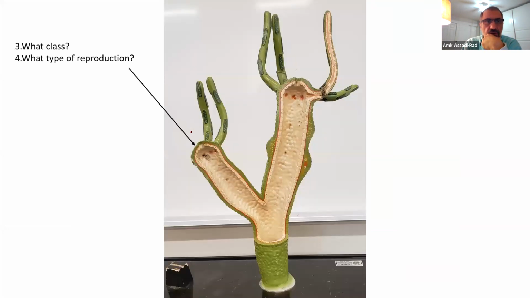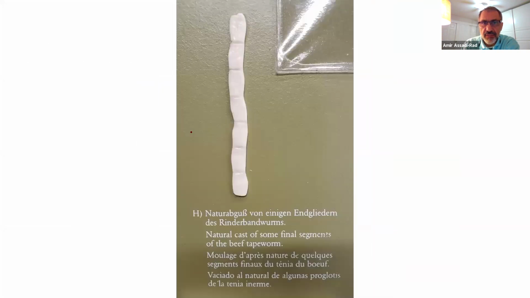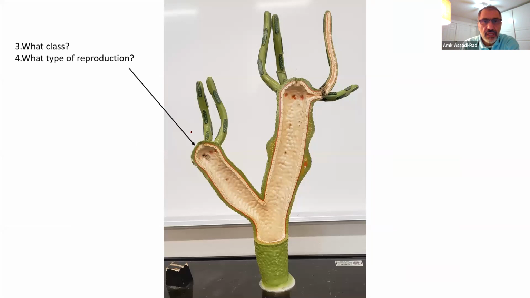Okay, this is Hydra. What class is Hydra? Class Hydrozoa. These others are all class Cestoda, right? What phylum? Platyhelminthes. Yes, you should know that. For Hydra, phylum Cnidaria, class Hydrozoa. What type of reproduction? Budding, asexual.